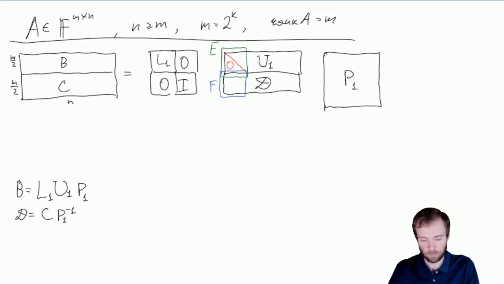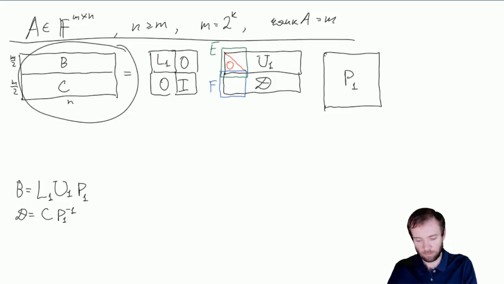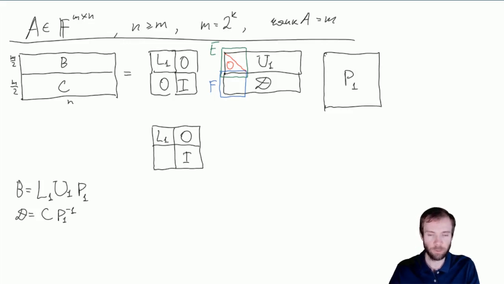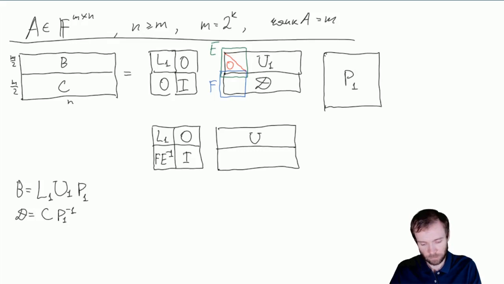And let's provide a different decomposition for this matrix, a decomposition of this sort. The first matrix would still have blocks L1, identity, and 0 block, but instead of the other 0 block, we'll have F E inverse here. The second matrix would have the upper block still equal to U1, but the lower block will be D minus F E inverse U1.